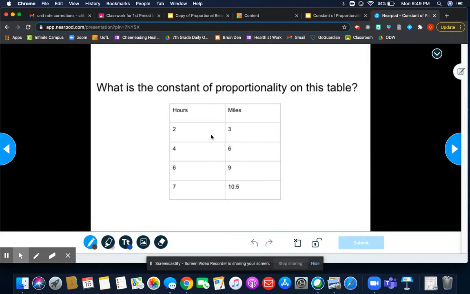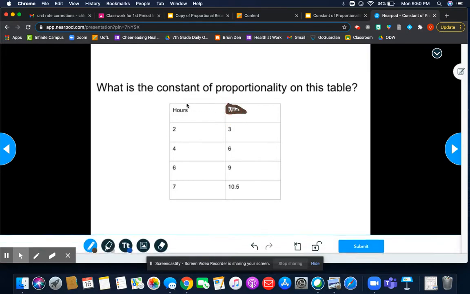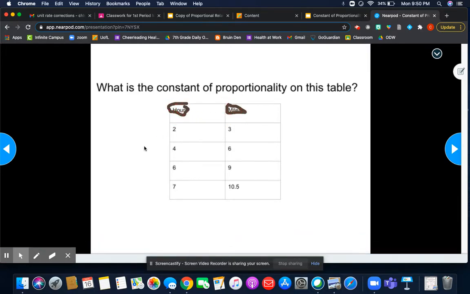Alright, so on this table, in order to find our COP, again, we'll check, is it proportional? 6 times 2 is 12, 3 times 4 is 12. There is going to be one. But when I'm looking straight across, if I do not know what I am multiplying by, we always can take our y values and divide them by our x values.